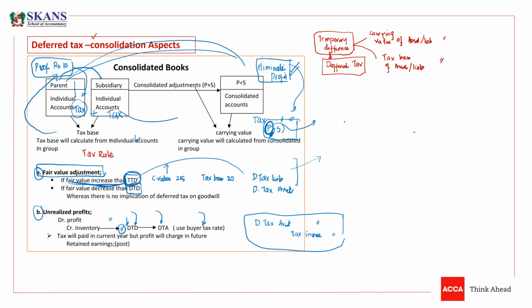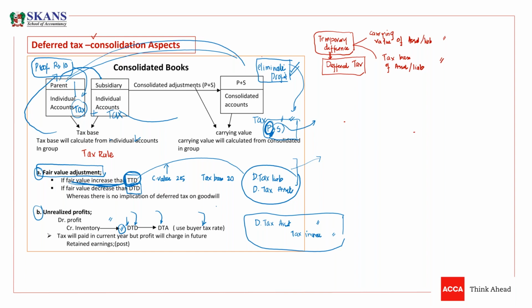You have to book a deferred tax, irrespective whether it's a liability, an asset, an inventory, or a receivable. So every fair value adjustment is going to create a taxable or deductible temporary difference, depending on whether it's a gain or loss.